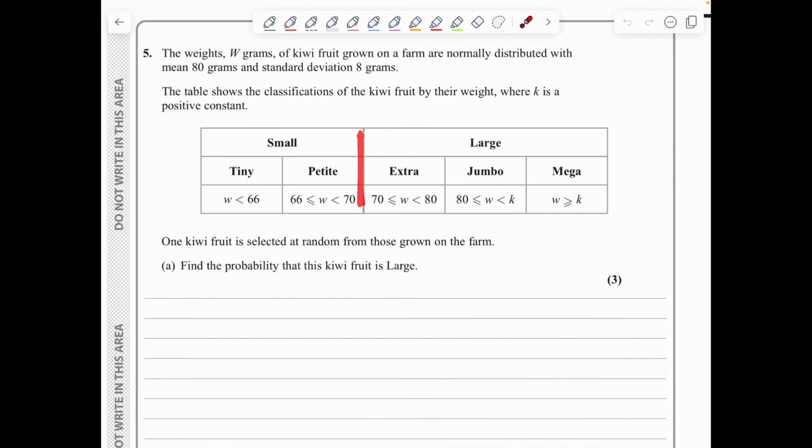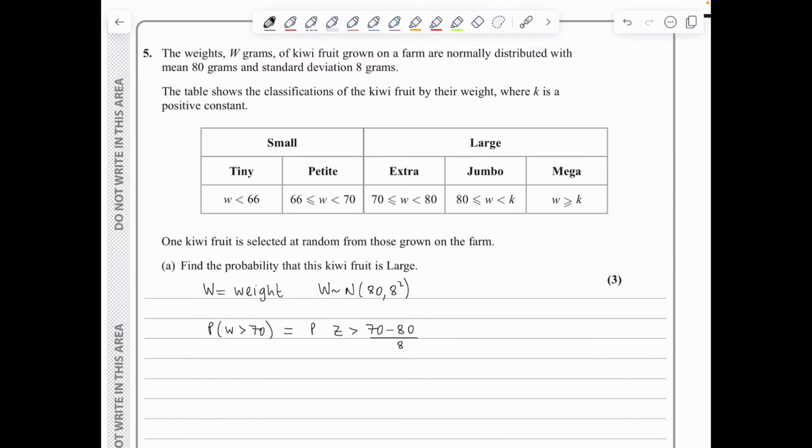Well, let's start by defining W to be the weight. W follows normal 80, 8 squared. We're being asked to find the probability of W being greater than 70, which is the probability of Z being greater than 70 minus the mean of 80 divided by the standard deviation of 8.